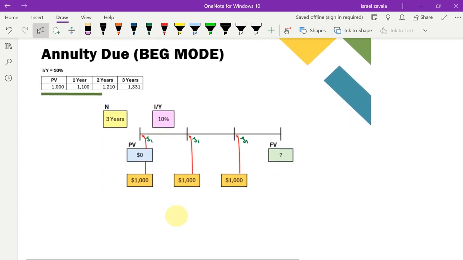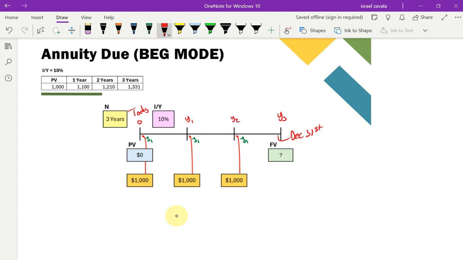So similar to our other problem, we are looking at things from today, time 0, and we're going to pull out our money. Sorry, that's year 3. In year 3, on December 31st, that's when we're going to pull our money out, right? So we have year 1, year 2, and year 3.